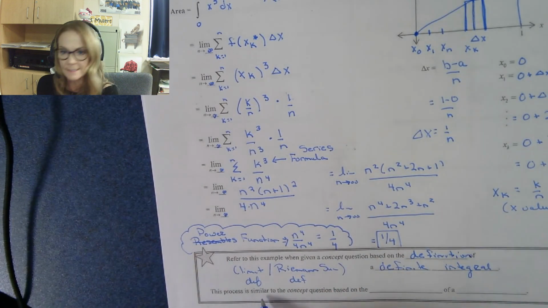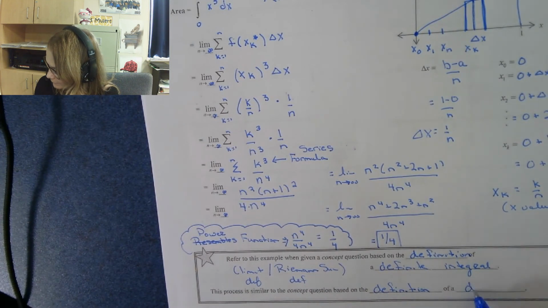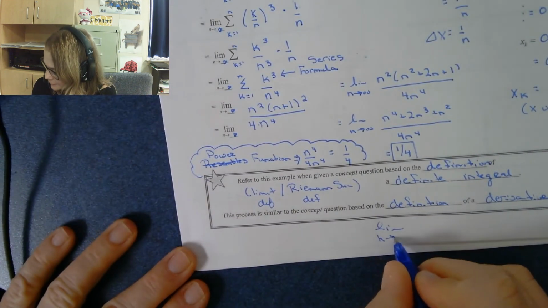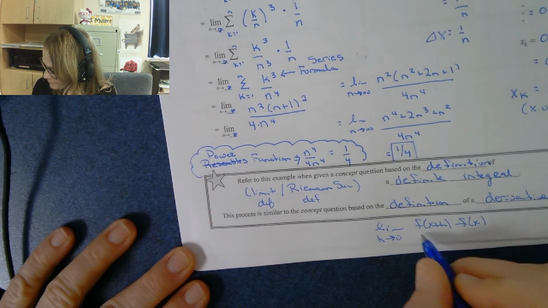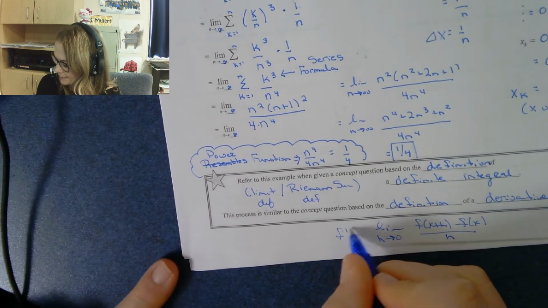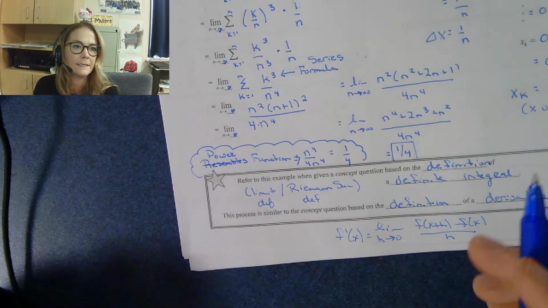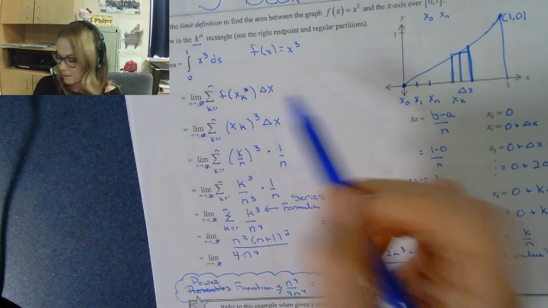This process is similar to the concept of doing the definition of a derivative, based on the limit as h approaches 0 of the difference quotient. Remember, that's a derivative, and this is a definite integral. All right, good.